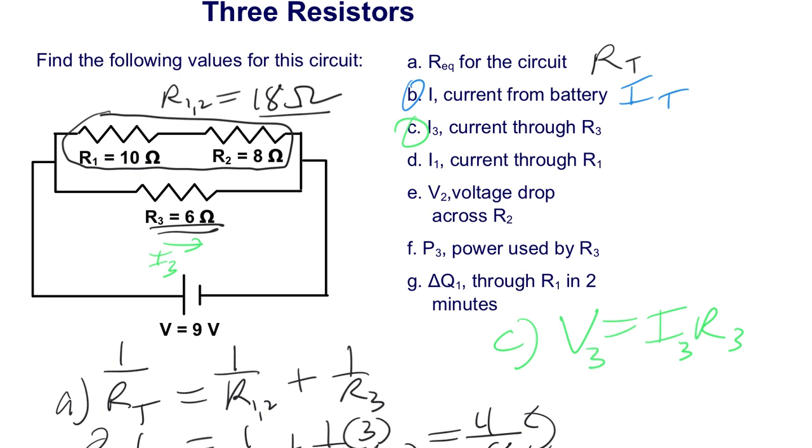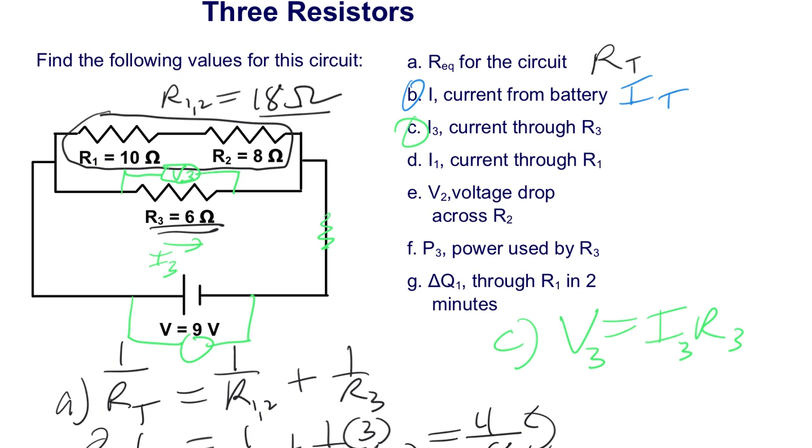The voltage across R3, the potential difference, is the same as the total voltage, because it's in parallel with the other set of resistors, and there's no resistor in series outside this parallel section.